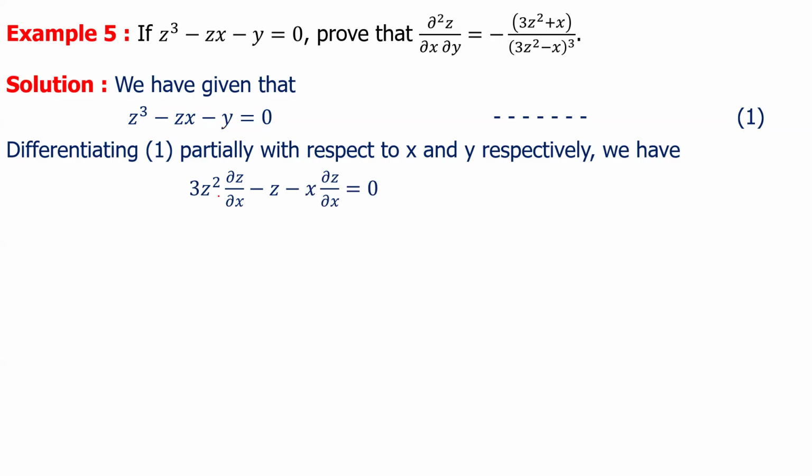Here the derivative of z cube is 3z square, and again the derivative of z is del z del x with respect to x. Now here we have to apply the product rule because z and x both are functions of x. First function z, derivative of x with respect to x is 1.